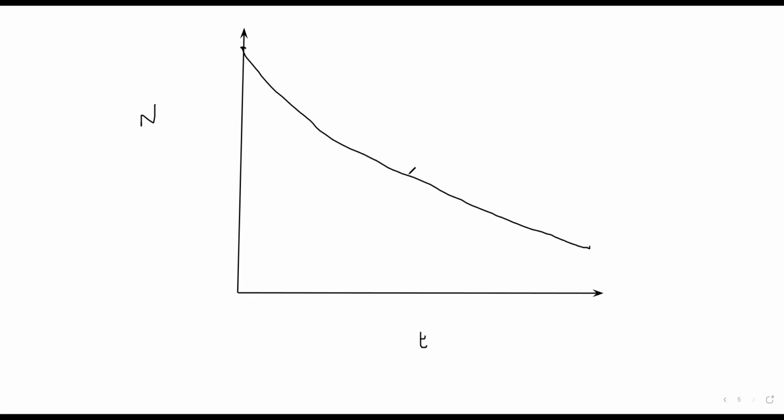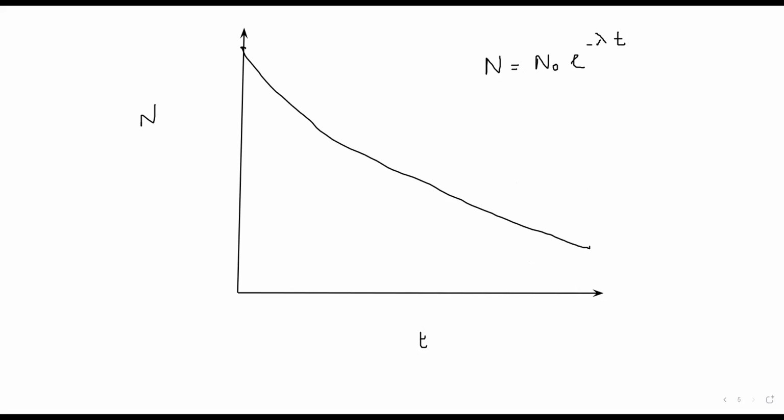So exponential change is there for the number of radioactive atoms present. The equation which relates to this graph is N equals N naught e raised to power minus lambda t.